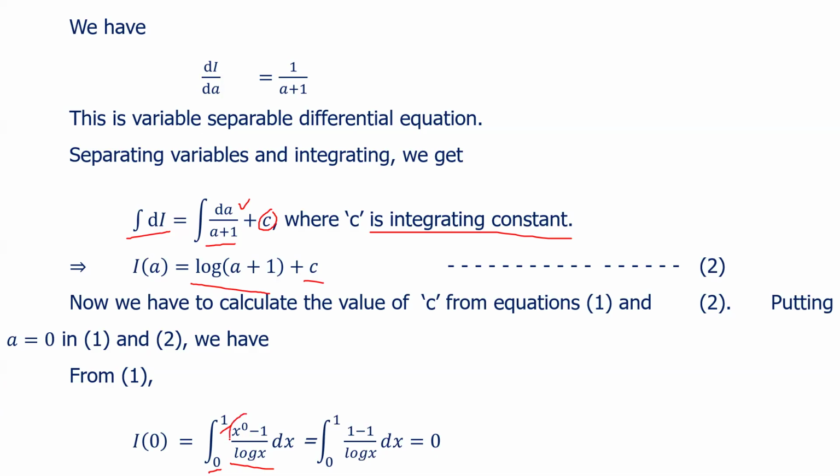Now x to the power 0 is 1, so 1 minus 1 is 0. So the integration of 0 upon log x gives us 0. So I of 0 is equal to 0. This is from the first equation.